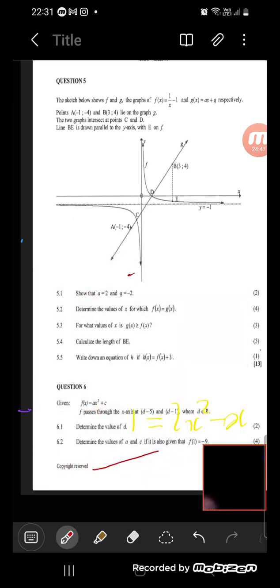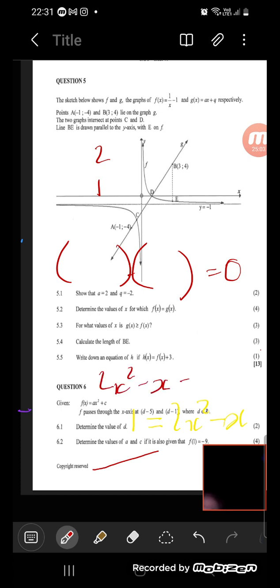Let's write it out nicely actually: 2x squared minus x minus 1 equals 0. So I've got a 2 here, a 1 here. How do I get to 1? Obviously 1 and 1. I need a minus 1.